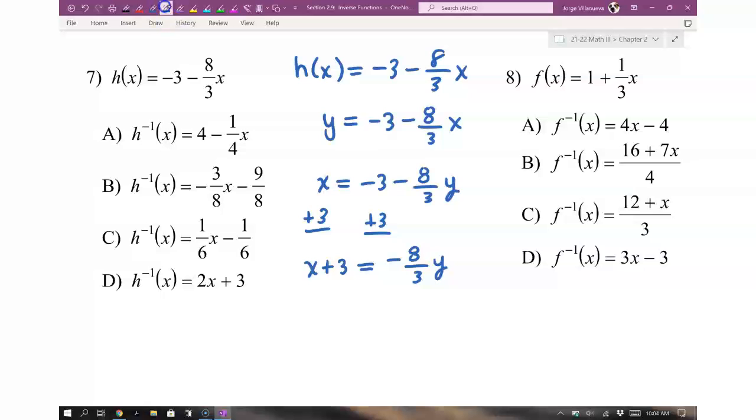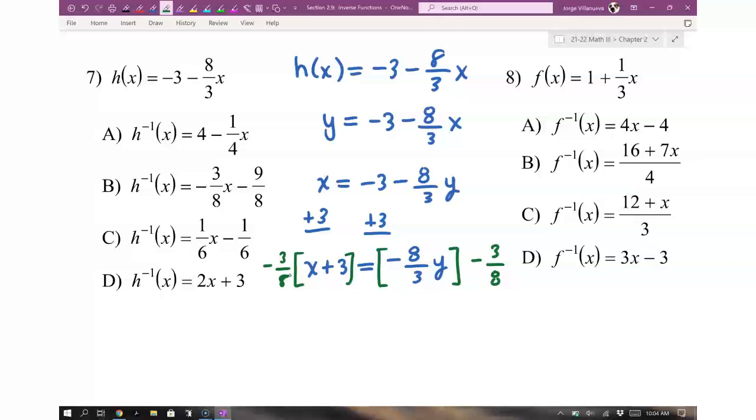But the way I learned it is, they said you're going to multiply both sides by the reciprocal of your fraction. In other words, by negative 3/8. The thing you want to get rid of, so that next to the y, I got a negative 8/3. I'm going to multiply by a negative 3/8.